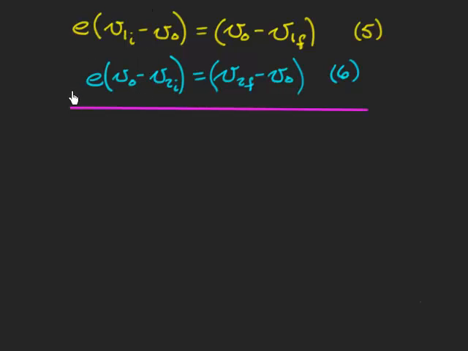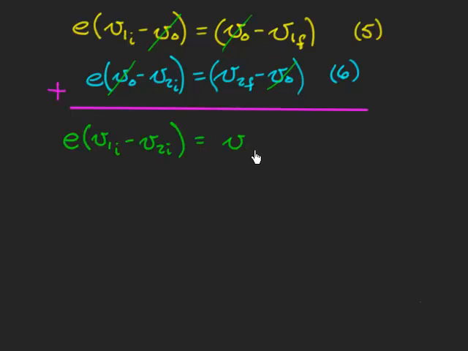Since they have parts that need to cancel each other out, I'm going to add these two equations directly to each other. And in doing so, what do I get? This v0 is going to cancel with that v0, which will leave me with e times (v1i minus v2i). Interesting. And this has to equal, again, this is going to cancel with that.